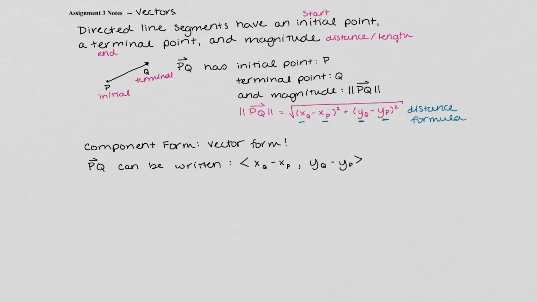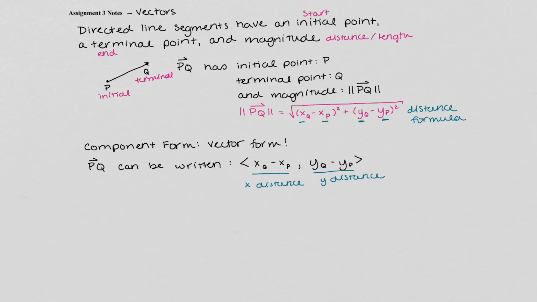So this x sub q minus x sub p is our x distance, and the y sub q minus y sub p is our y distance. And so that gives us the distance between the initial point and the ending point for both our x's and our y's. And those are two different distances because there's a change in x and a change in y.